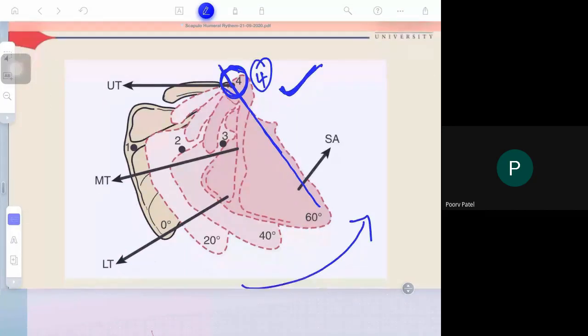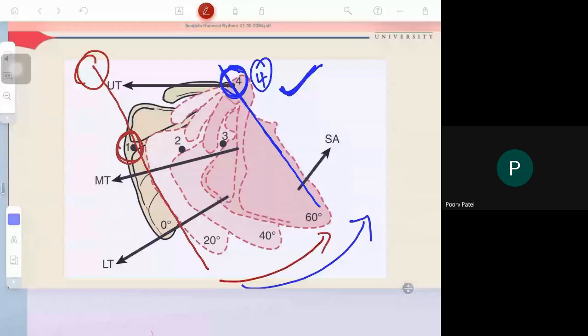In the beginning, the axis is passing through the root of the spine. Clear? So, the movement will occur. That is rotation movement. I have told you rotation movement will occur in both joints, joint 1 and joint 2: the scapulothoracic joint and the acromioclavicular joint.